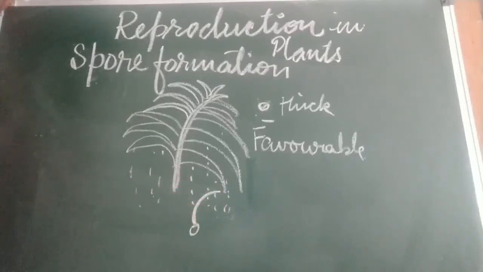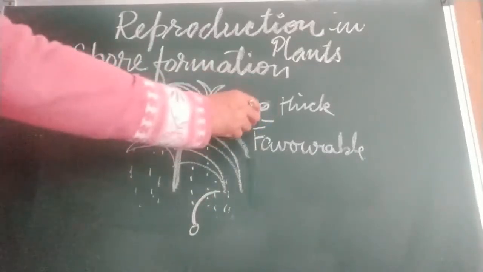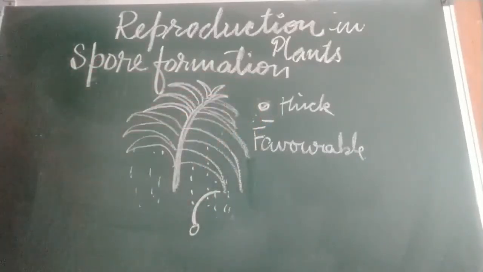I told you spores are microscopic, we cannot see them. They are microscopic, single-celled or several-celled reproductive bodies that are mostly spherical in shape. They are protected by a thick wall. When conditions are favorable, germination takes place.